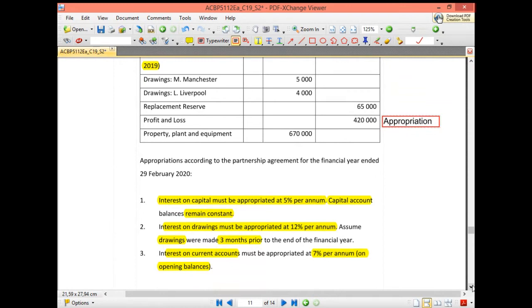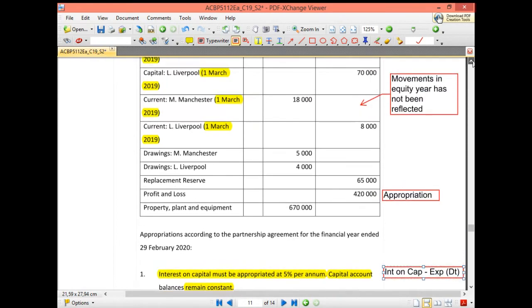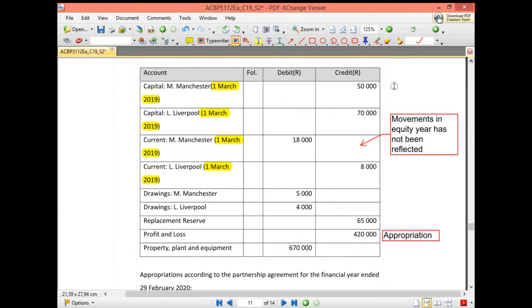Now you have to think from the partnership's point of view. We pay interest on capital those partners leave in the partnership, so that is an expense to the partnership. So that would mean we would have to debit that. So interest on capital is an expense which is debited. Okay, now we know it's 5% per annum based on their balance. The capital remained constant, so there was no changes.